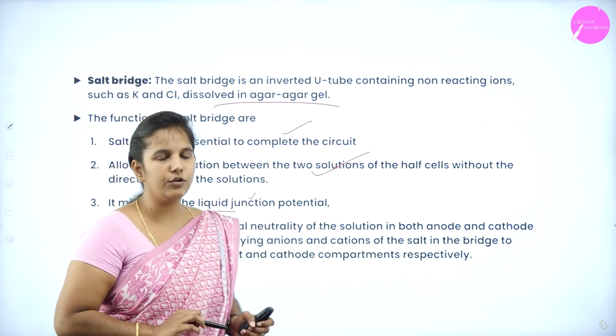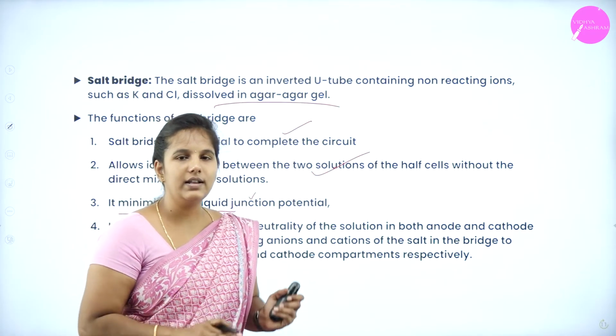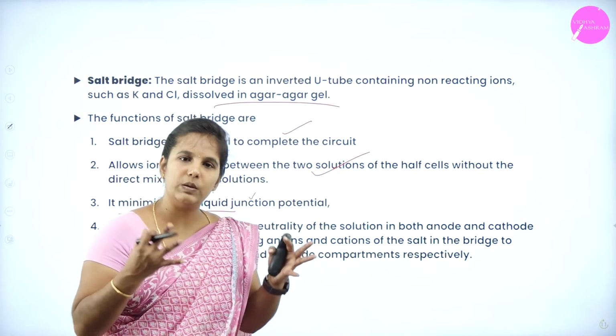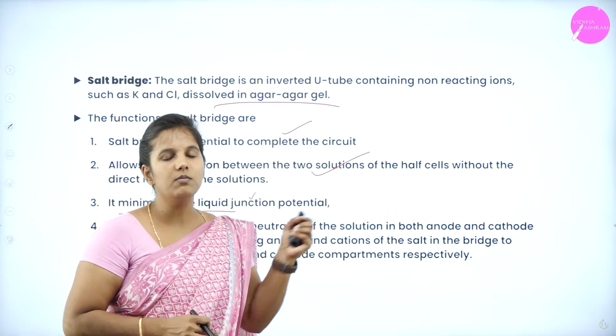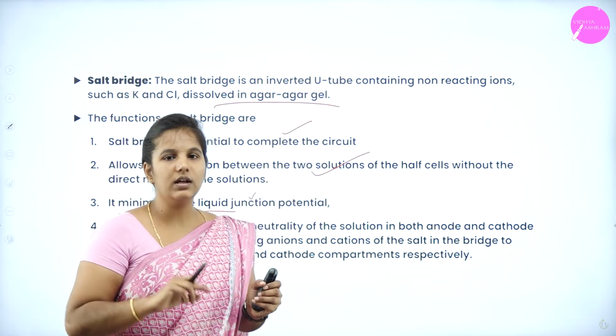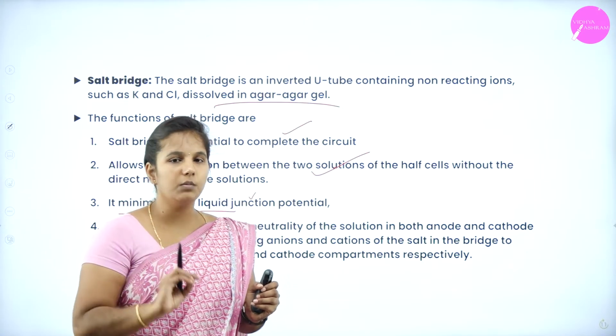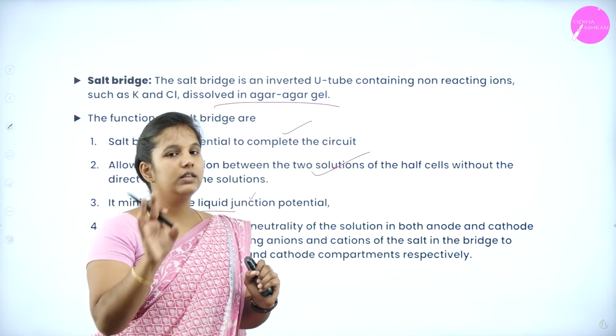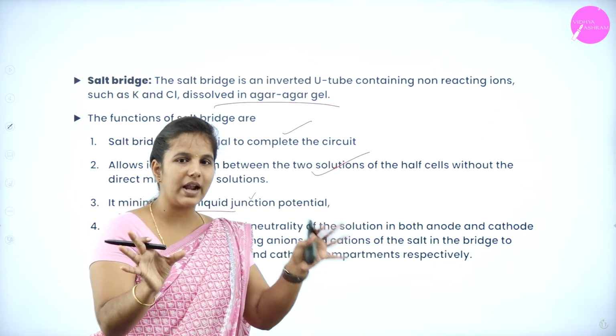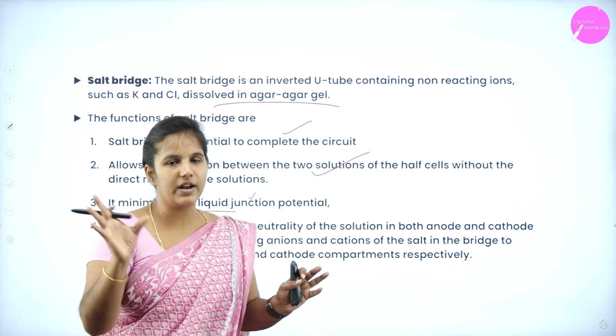What is electrical neutrality? We know that at the anode, zinc loses its 2 electrons and becomes zinc 2 plus, whereas at the cathode, the copper accepts the 2 electrons and becomes copper. For this, there should be a balance between the right hand side and the left hand side, right?